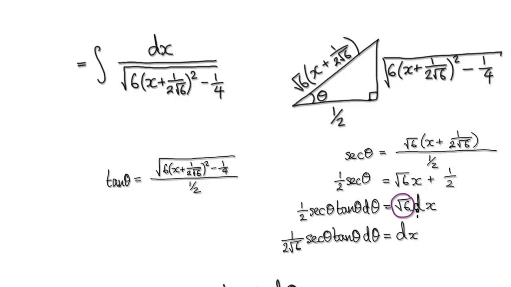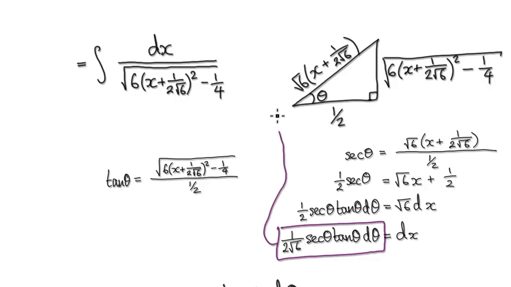So divide both sides by root 6. That will then give us this thing here. So dx is this thing here. So we can put this into the dx, and then this complicated thing here is this complicated thing here. So we can look at tan.